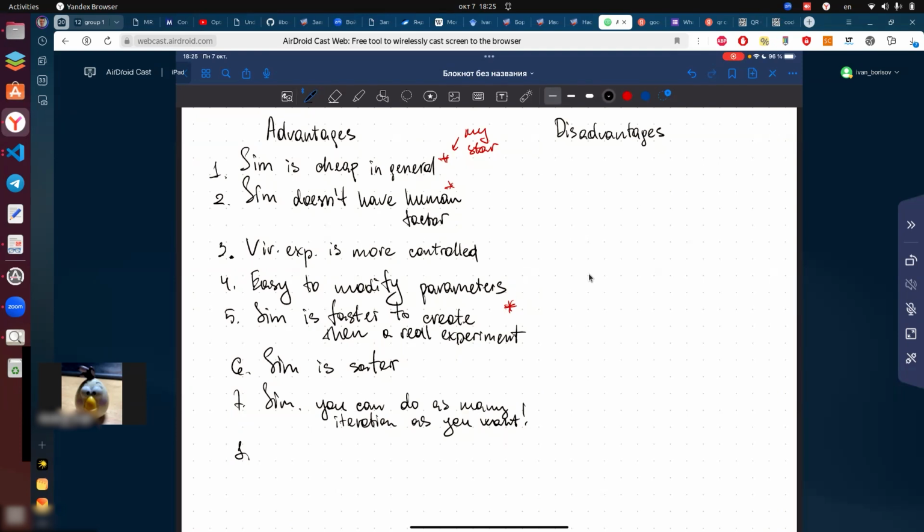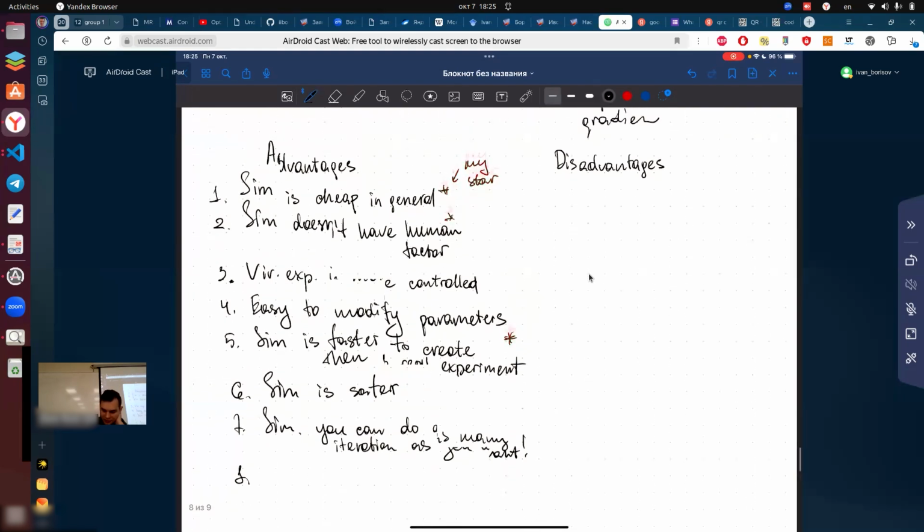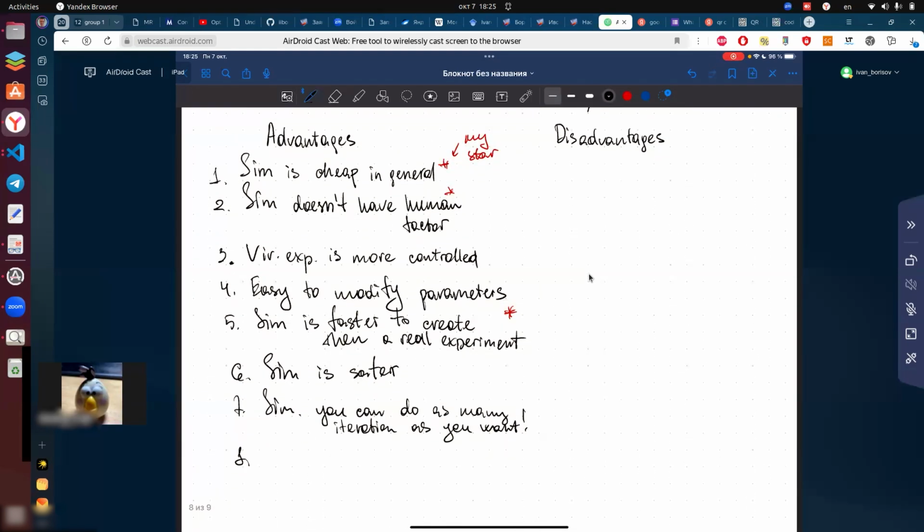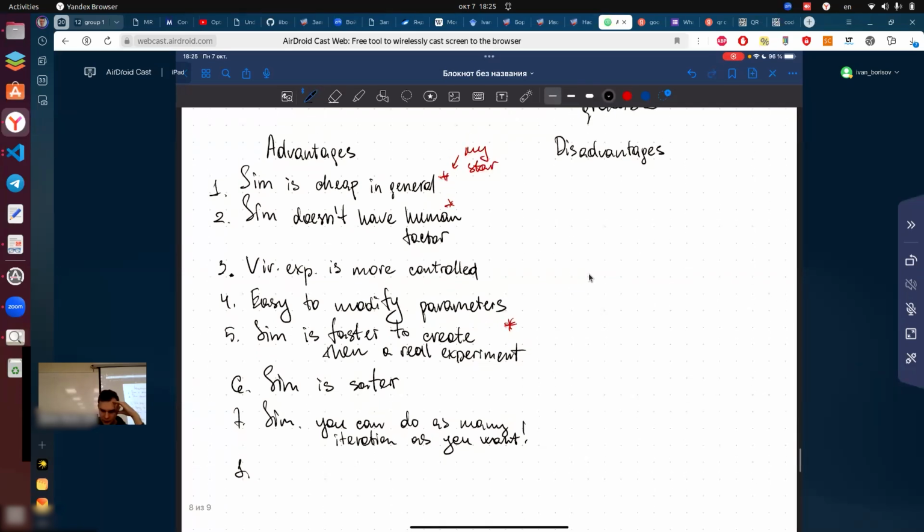It's easy to test our system in a different environment, like rough terrain or snowy terrain, in simulation. It's easier to simulate in a challenging environment.